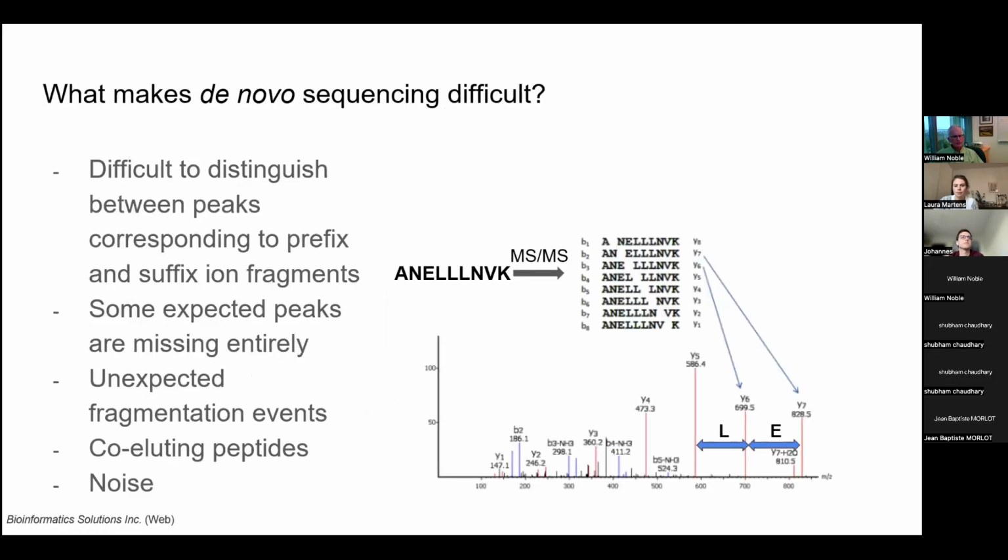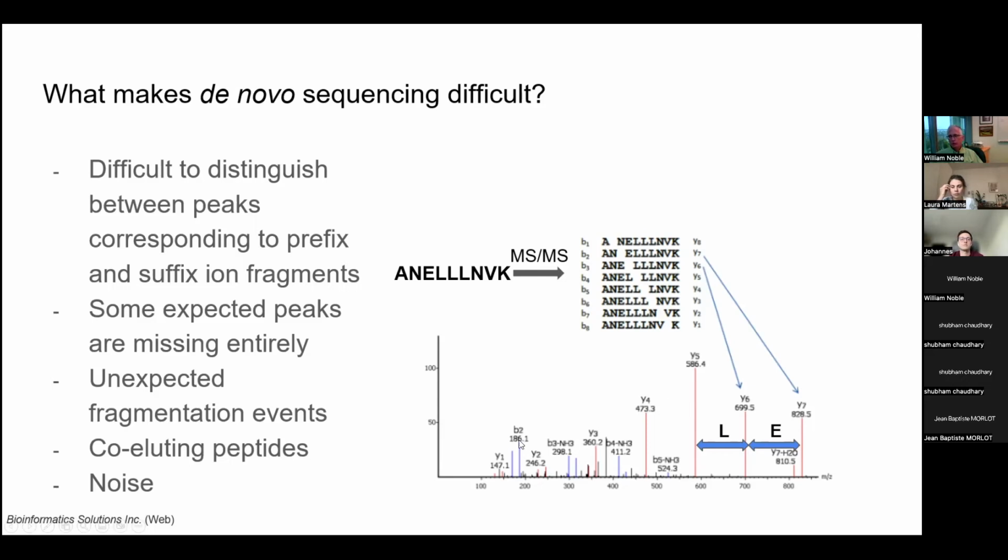It might seem like this is a relatively straightforward thing. So just to make it clear, one of the things that makes it difficult is that an observed peptide is fragmenting in the mass spectrometer at any particular location along the peptide backbone. And each of those produces two ions, a prefix ion and a suffix ion, which in the field are known as B ions and Y ions.